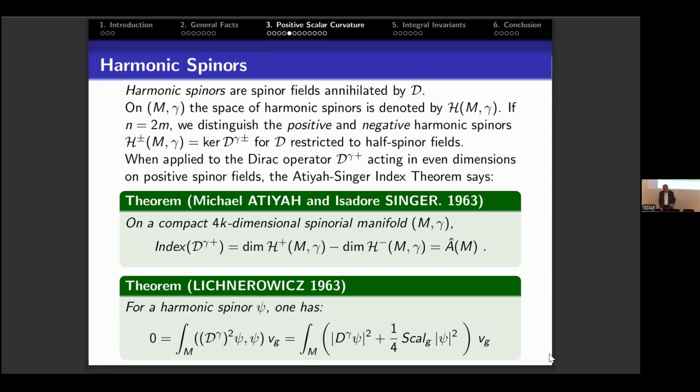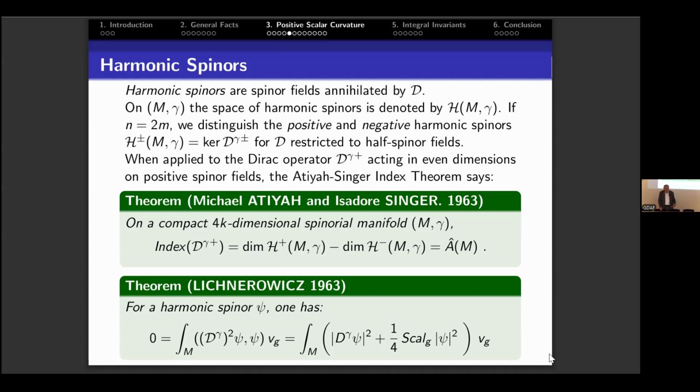So you just integrate by parts, you get |D psi| squared, certainly a positive quantity, and then you get plus 1/4 scalar curvature |psi| squared. So you get zero equals a positive quantity plus 1/4 scalar curvature times a positive quantity. So if scalar curvature is positive, you have a contradiction.